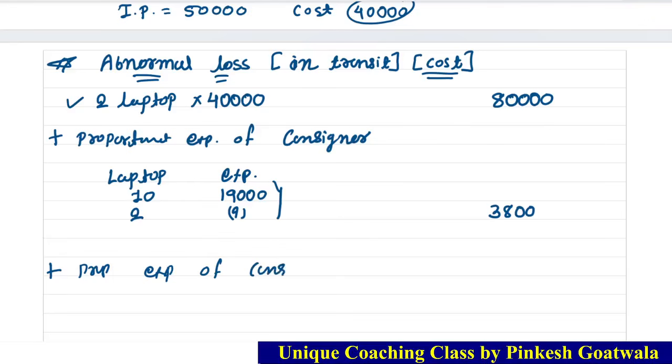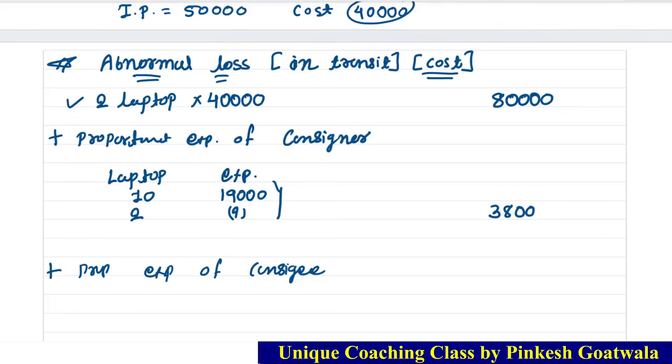Why? Actually consignee's expenses should also be added, but why didn't we add consignee's? Because I told in a previous video, the loss happened on the way, in transit. So how can we add expense of consignee, right? When the goods haven't even reached the consignee, how would he have incurred expense? Here why do we add expense?